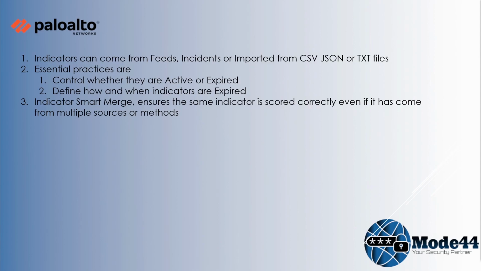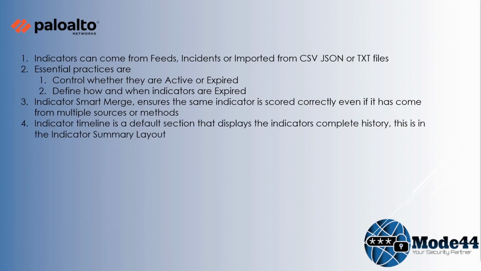I would venture the opinion that you're probably going to have a lot more than one integration doing the enrichment. So Smart Merge ensures the same indicator is scored correctly. Even if it's come from multiple sources or methods, it understands that that is the same indicator, and it makes sure that you get the best information, as opposed to a lot of really complicated, difficult, disparate information.